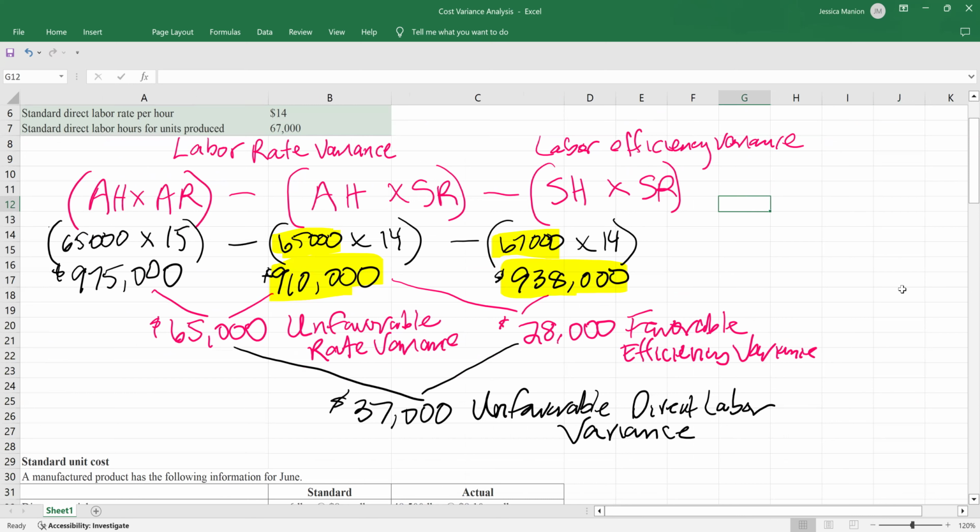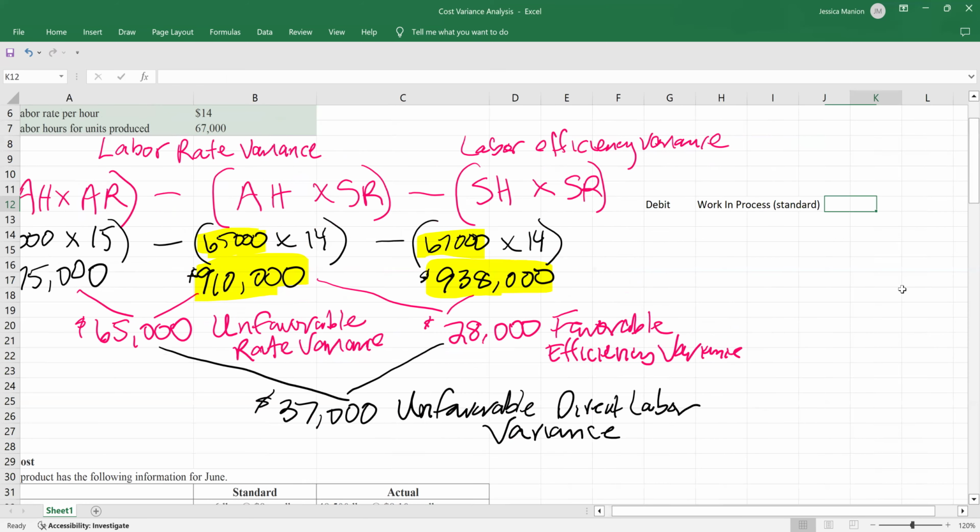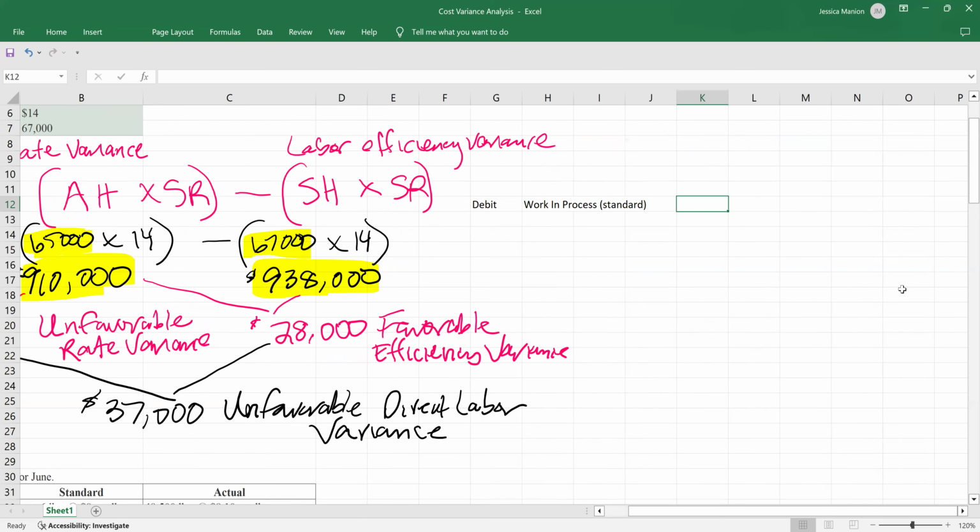So for this one, and we're going to see this with the material variances as well, we're going to debit work in process for the standard amount. In this case, that standard amount is the 938,000, right? That was the standard hours times the standard rate, okay?